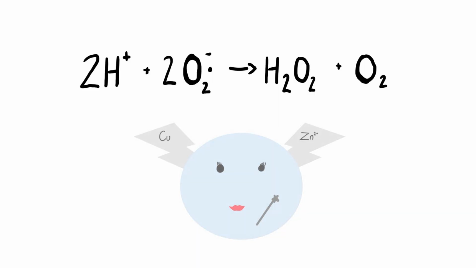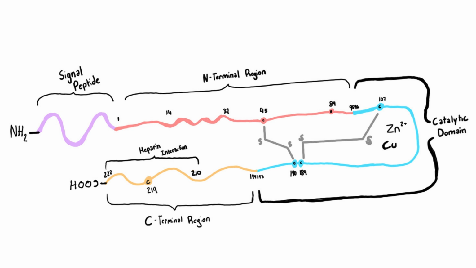Let's quickly look at what the fairy SOD mother, the superoxide dismutase enzyme, looks like and how it functions. The superoxide dismutase 3 enzyme contains 222 amino acids. This does not include the signal peptide.